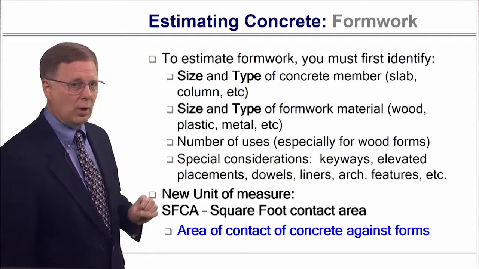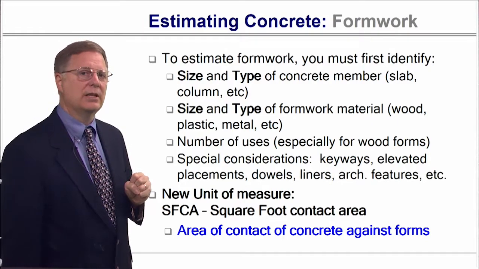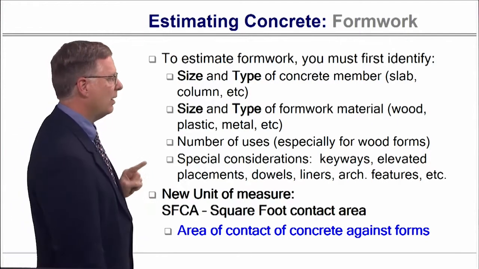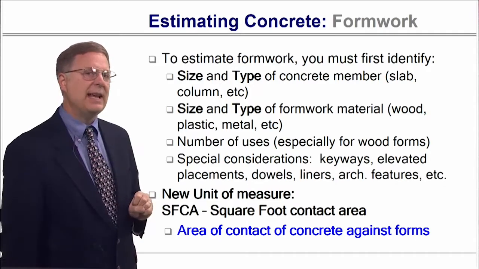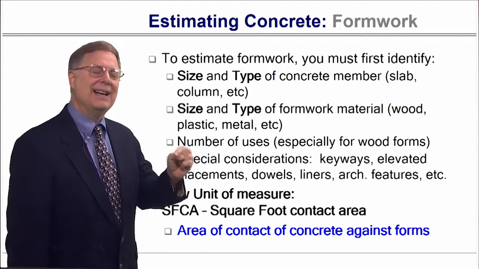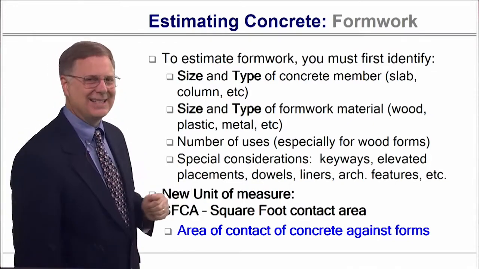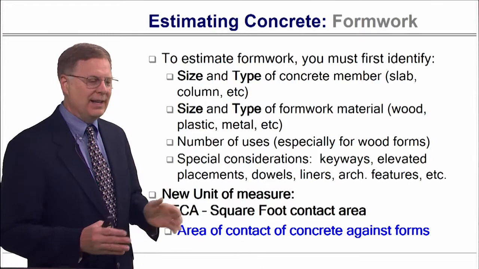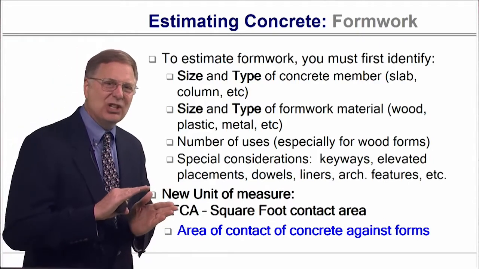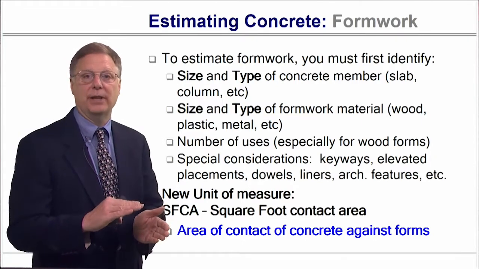Now, with formwork, there's a unit of measure you will find in the RS Means, and that formwork unit of measure is SFCA, which is square foot contact area. What that means is the amount of area that actually touches the concrete. You're going to count that square footage.